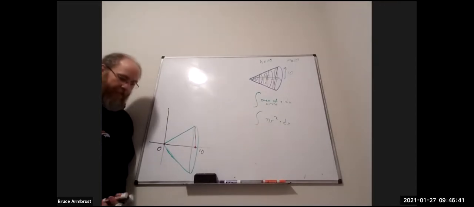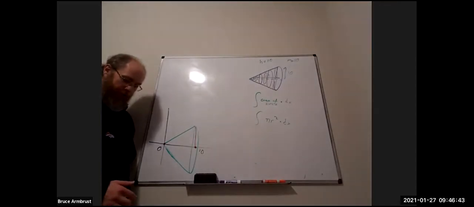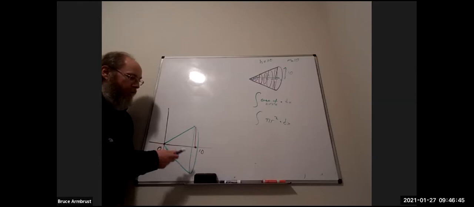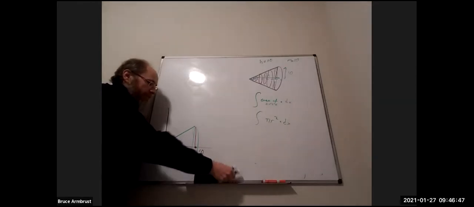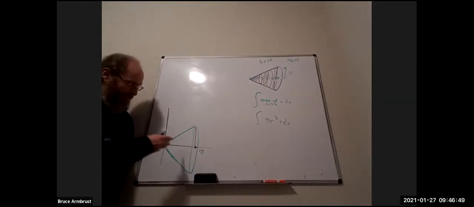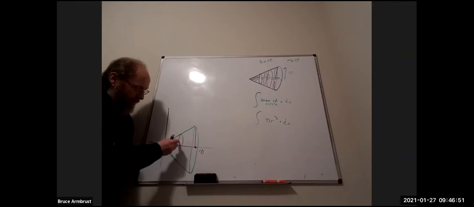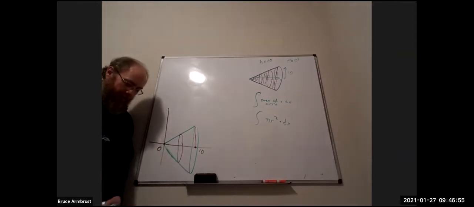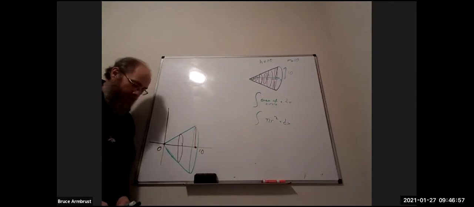Now, to get the radius of the circle, let's look at one generic circle here. All right, so here's this guy. Its radius is actually going to be determined by the function itself.